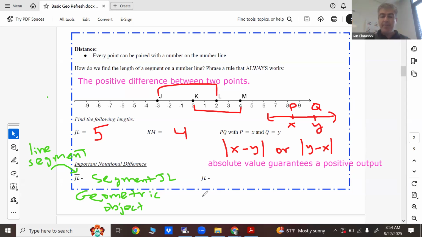Now, if you don't see the bar, if it's blank, that's going to represent the distance between J and L. Notice I didn't put that bar above when I said JL, KM, and PQ. That represents the distance between J and L. So that's going to be a number.